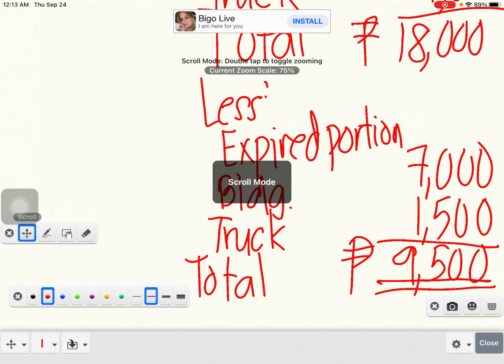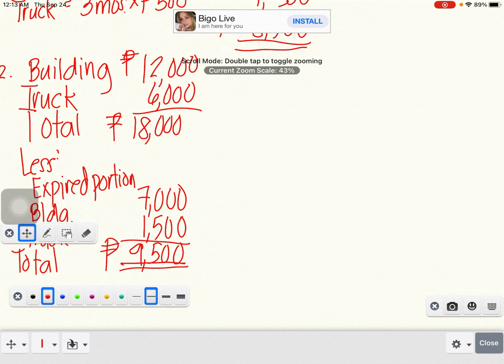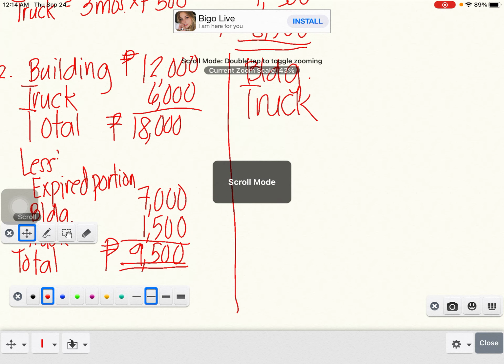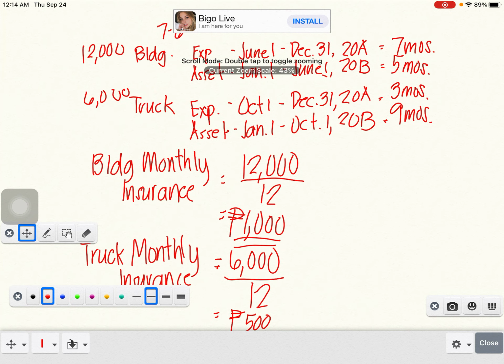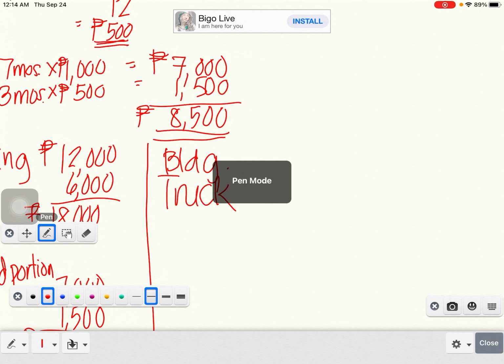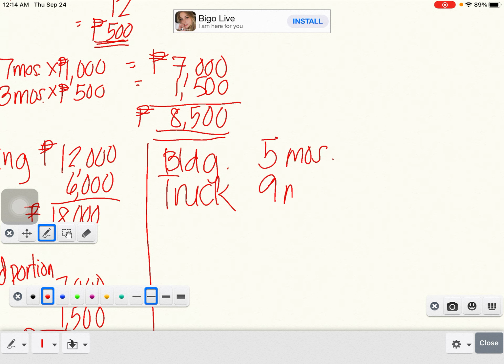Or another solution, building and truck has the expired portions of pila ka months. Let's look at here. The asset portion is 5 and 9. 5 months, 9 months, times pila may monthly is 1,500.